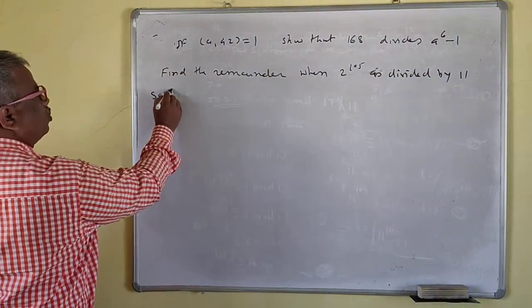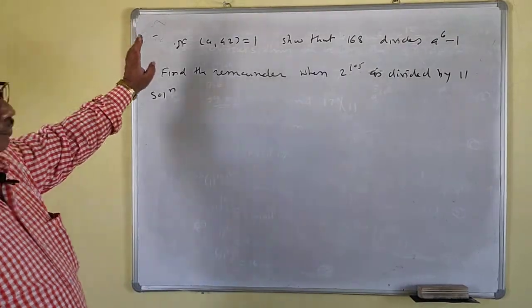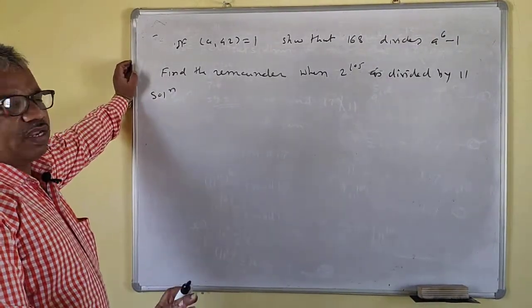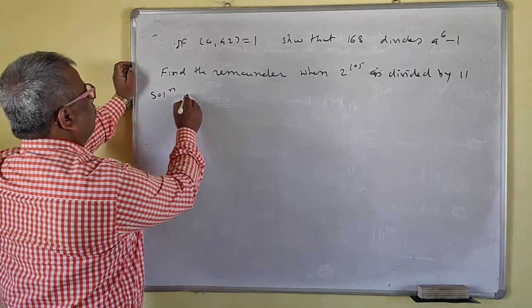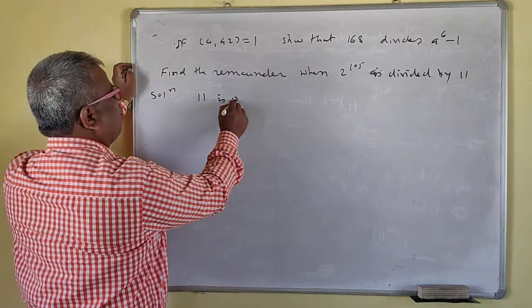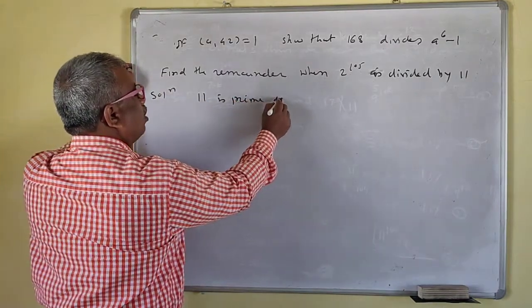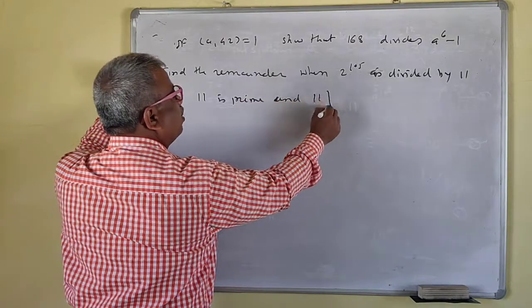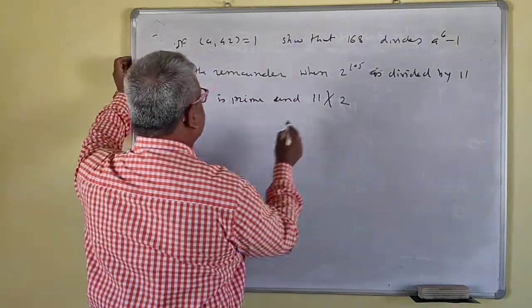Okay, solution: 2 raised to 105, right? We want only the remainder. Okay, so 11 is prime, and 11 does not divide 2.